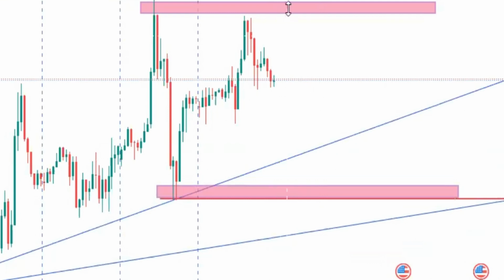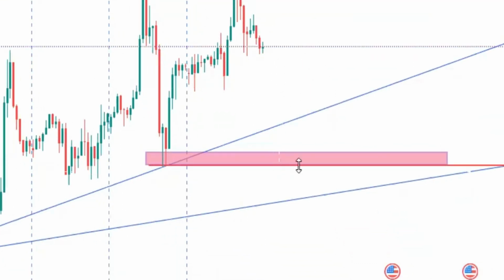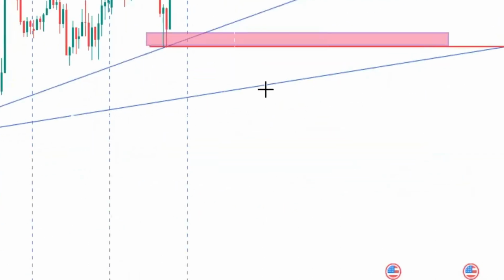If this market comes up and breaks this zone, we are continuing to the upside. The uptrend is still continuing. If it comes to this pink zone that I've drawn and fails to break it, we are still in an uptrend. But if it breaks this zone, we have reversed from an uptrend to a downtrend temporarily, because this is the 1 hour time frame, until this trend line is broken.